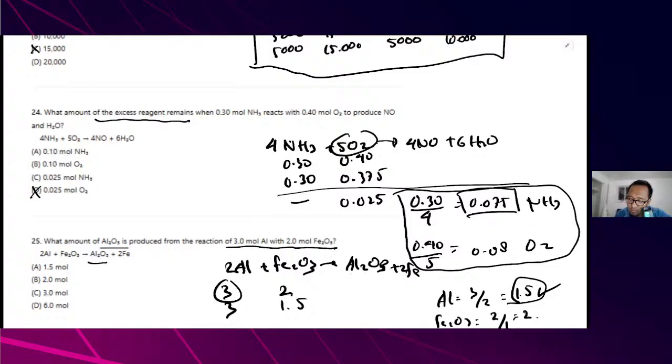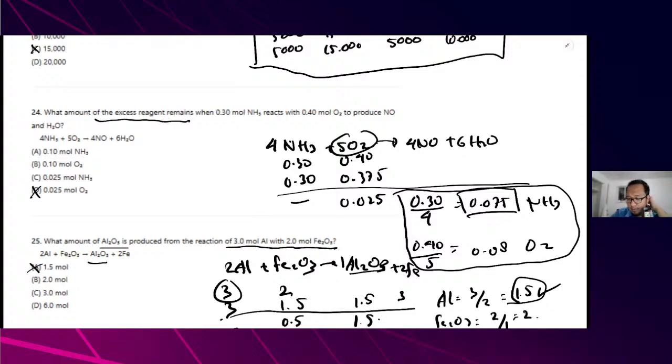Because the coefficient is only 1, we put 1.5 over here. This one is 3, so we end up getting 1, and then there is a remaining reactant, the excess reagent, like the previous question. So it will be 0.5 mol, and over here 1.5 mol. So the answer will be 8.